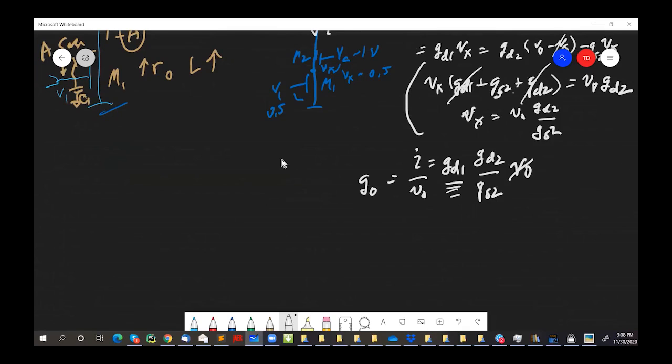So let's be explicit here. Let's do it in subthreshold. It's GD1 divided by GS2 divided by GD2. And if we do it in subthreshold, I'll just leave the GD1 as it is. What's the ratio of source conductance to drain conductance in subthreshold?